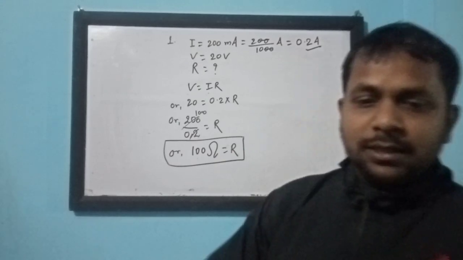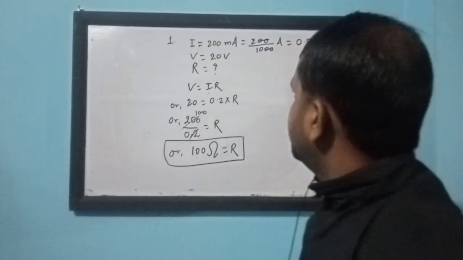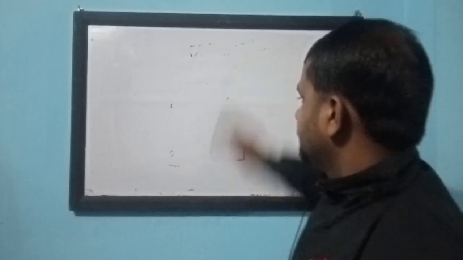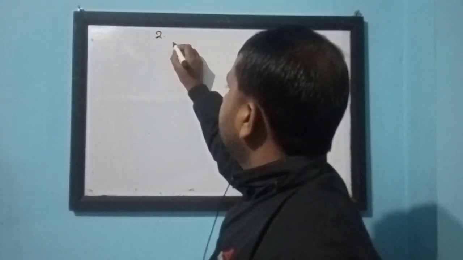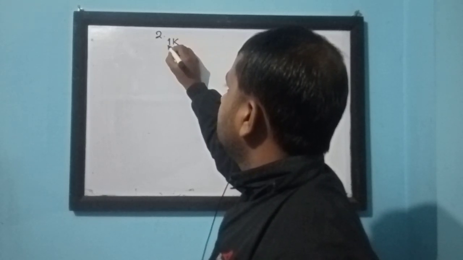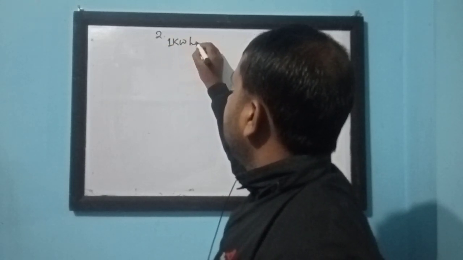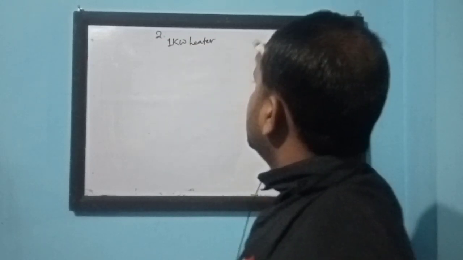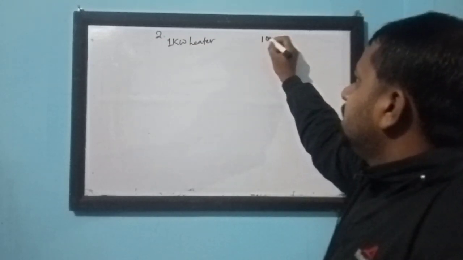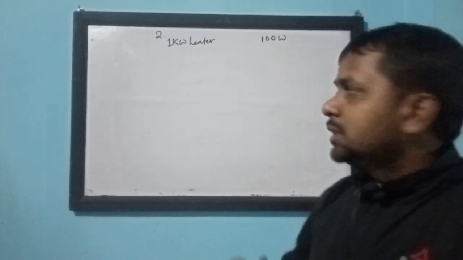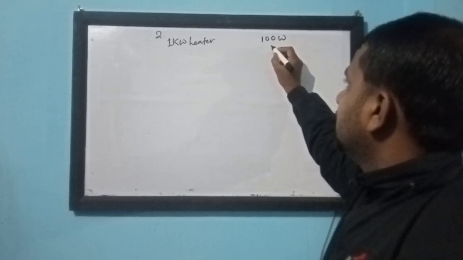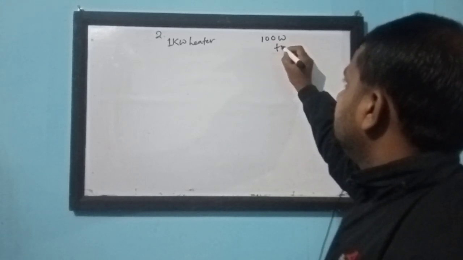Next type of numerical, let us go to understand. Next type of numerical is like this. Suppose there is a 1 kilowatt heater, and another instrument, suppose a 100 watt tungsten bulb, or filament bulb.